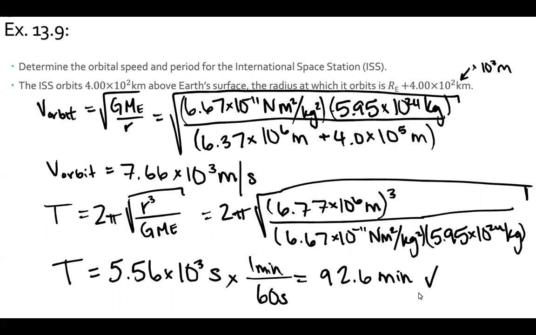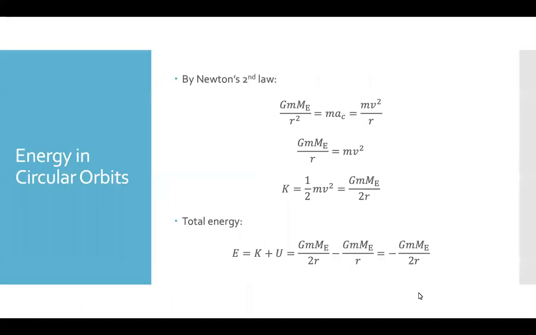All right, so let's go ahead and move on now to energy in circular orbits. By Newton's second law and Newton's universal law of gravitation, we can set those equal to each other, and state also that acceleration is equal to v squared over r.